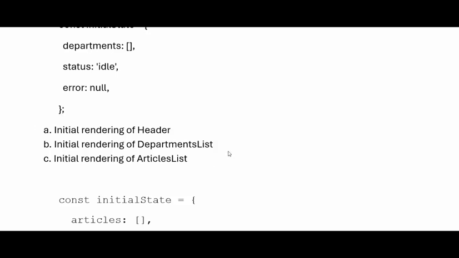After that, in the initial rendering of app, we have the initial rendering of header, initial rendering of departments list, initial rendering of articles list.